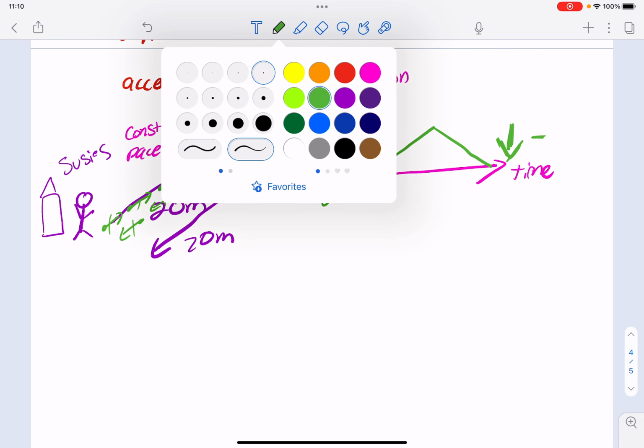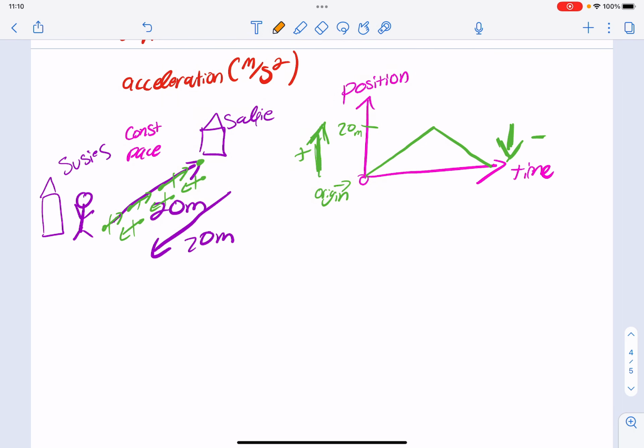Now, if she moved at a constant pace, we can make that also a graph. So let's do a velocity time graph. Oops, my bad. In this one, this is not our origin. This is actually 0 meters per second.